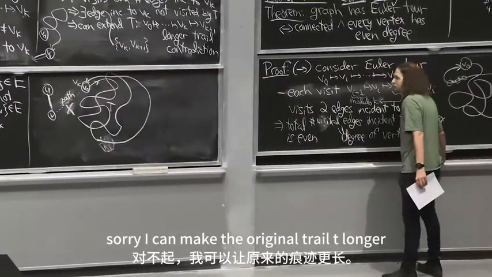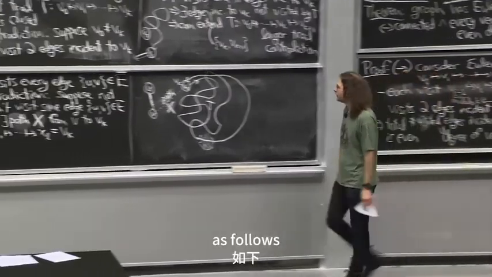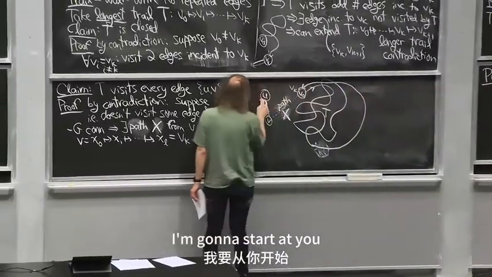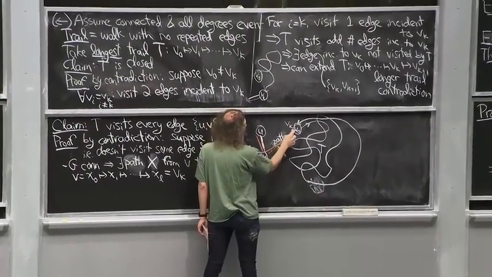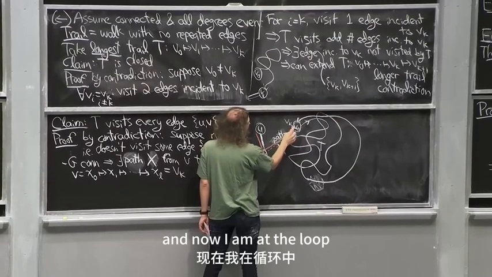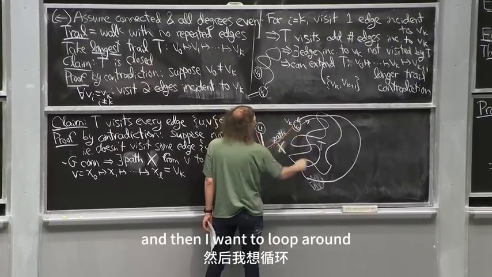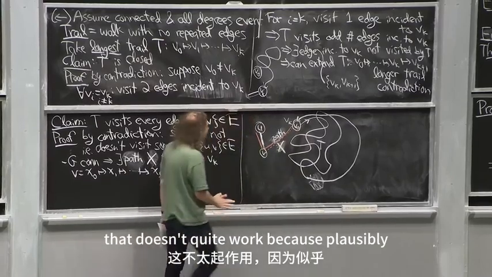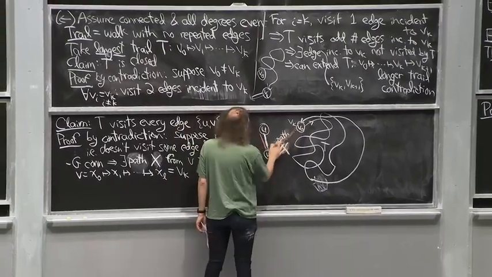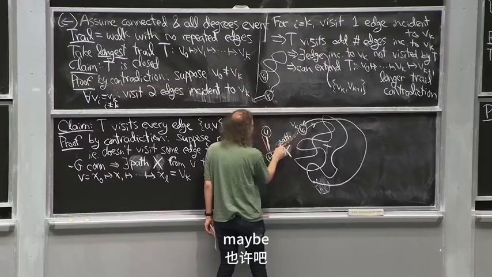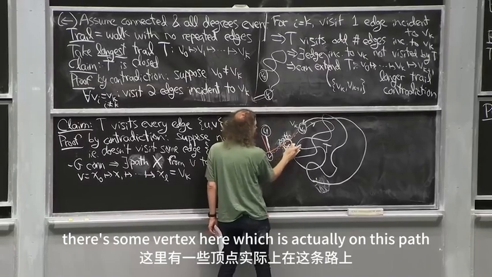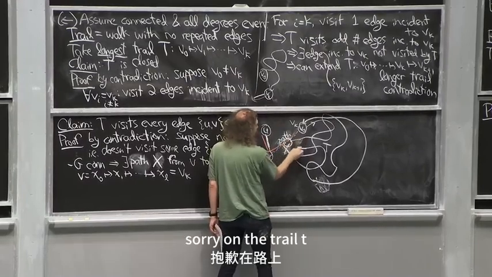Sorry, I can make the original trail t longer as follows. I'm going to start at u. I'm going to go to v. I'm going to follow x. And now I'm at the loop. And then I want to loop around. That doesn't quite work, because plausibly, maybe there's some vertex along x which is actually on this path. Sorry, on the trail t.